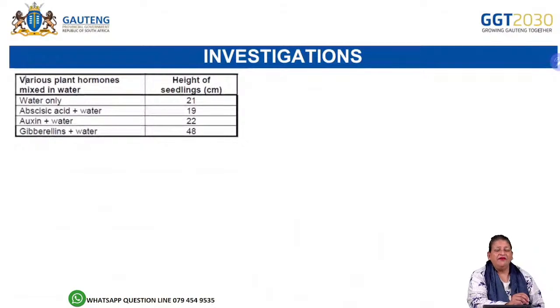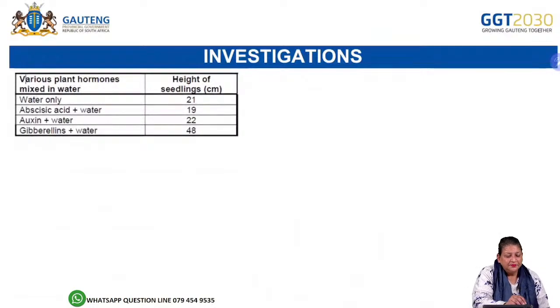So whenever you have an investigative question, they always give you a table of data. You must analyze the table of data and relate it to exactly what is being said about the data. So it may look difficult, but if you read once and twice and relate it to the data, you will get the answer. So let's look at this now.